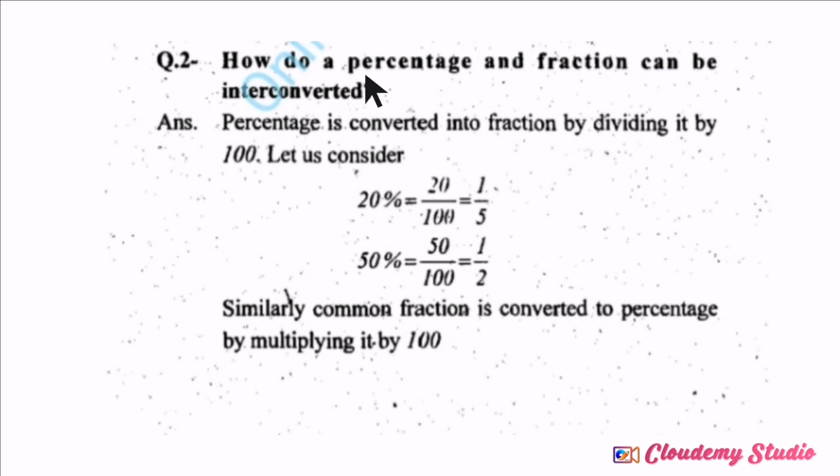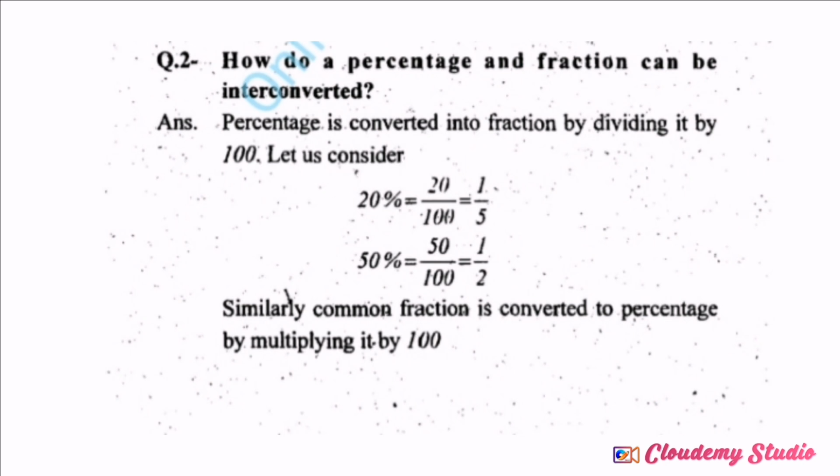How can a percentage and a fraction be interconverted? A percentage is converted into a fraction by dividing it by 100.